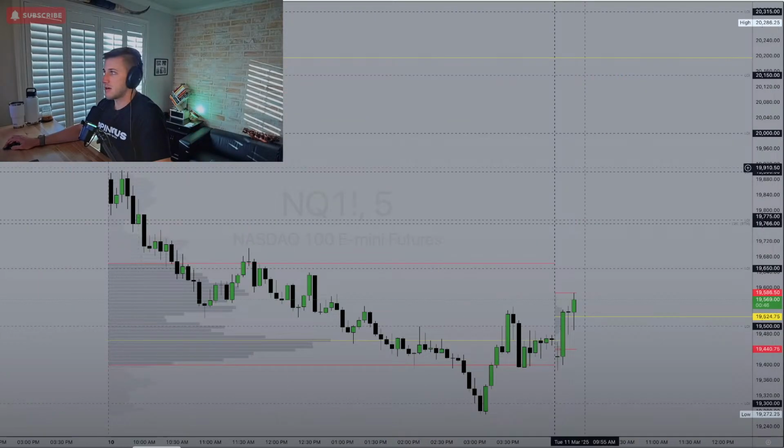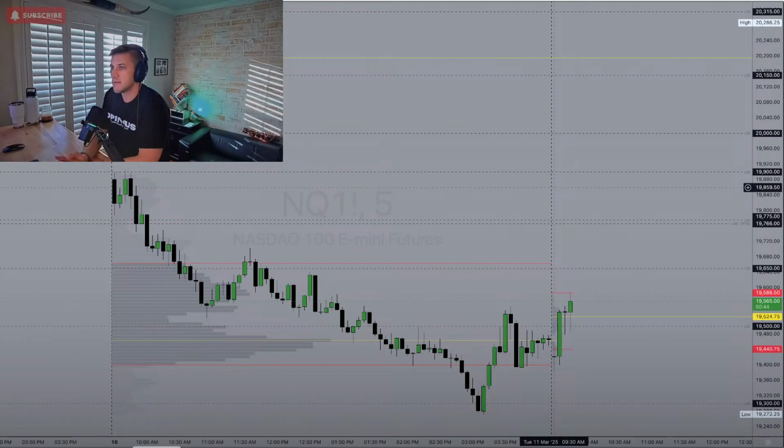Let's take a look at that prior day structure here. So next upside level, 650 for NASDAQ. So far, the game plan is working pretty nicely.